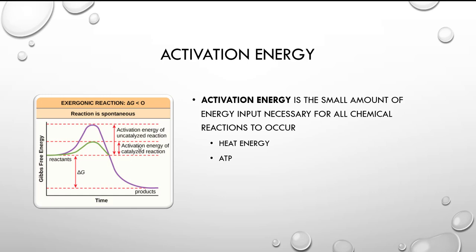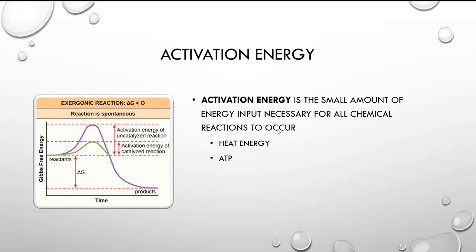So we actually have to have a small amount of energy inputted in order to get the reaction occurring. Okay, so that activation energy can be in two forms. We can have heat added to the system. Typically if we add heat to a system, it causes those molecules to move around more, and that could be just enough energy to cause the reaction to occur.